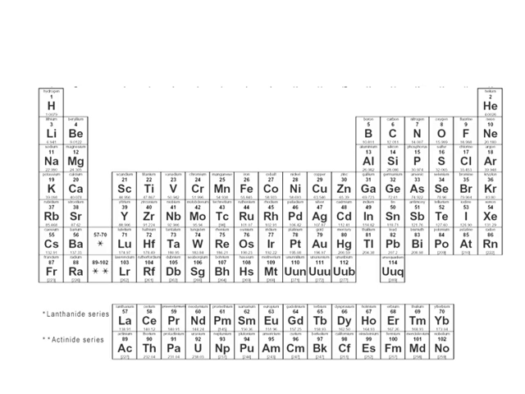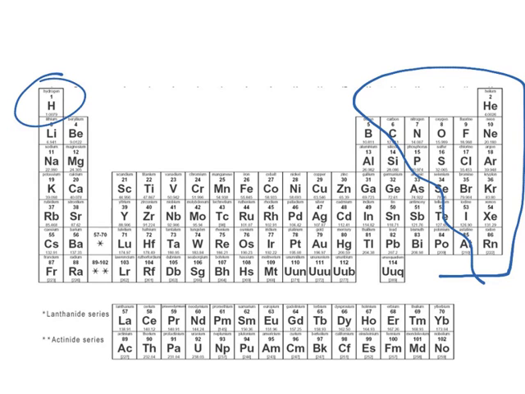So first of all, let's view our periodic table. When you consider a covalent bond, as I said before, it's usually between the non-metals. So we'll have this section right here, and hydrogen.